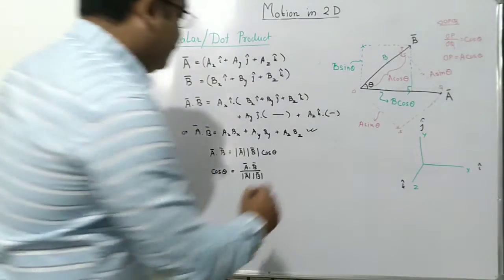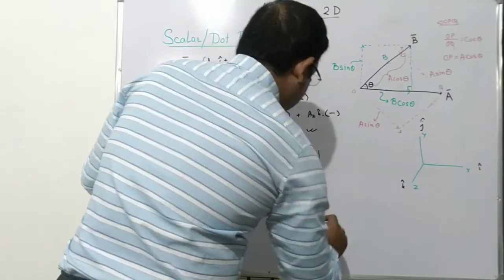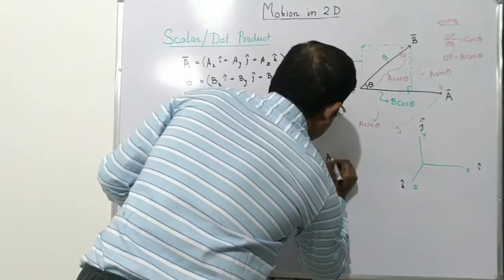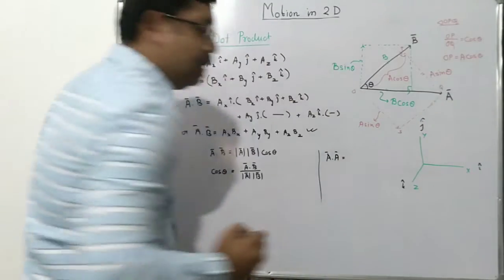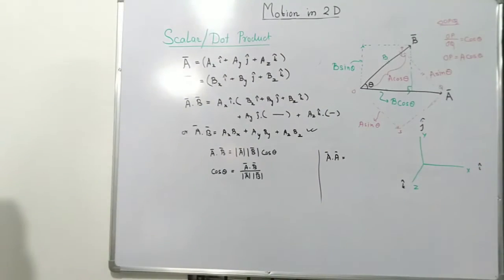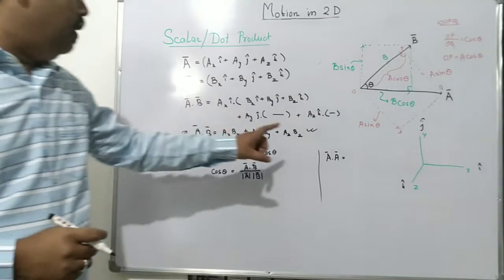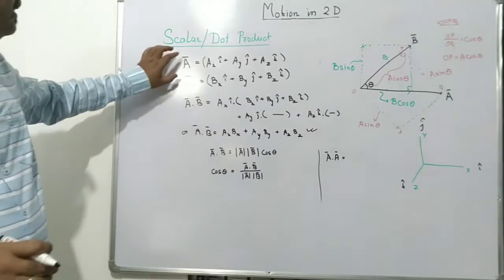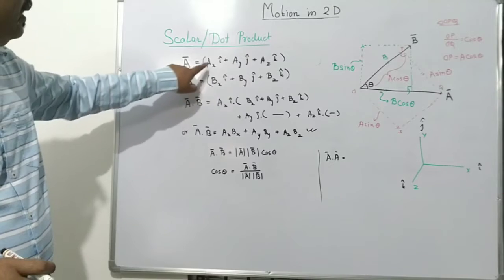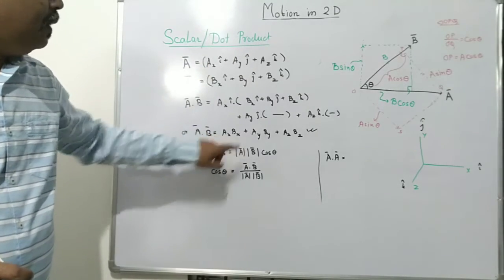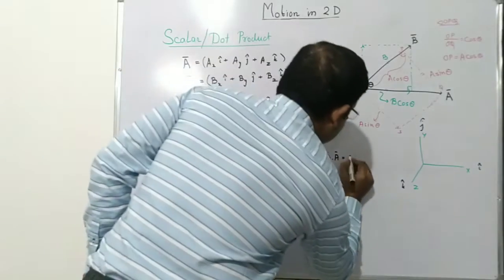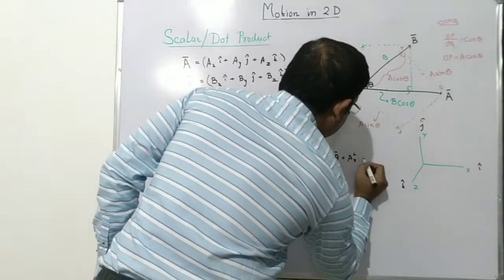Now to do that, let's get back to the property that A dot A. If I take the product of A with A, that is, this vector is A and this is also A. So instead of Ax into Bx, we will be left with Ax into Ax, that is Ax squared.